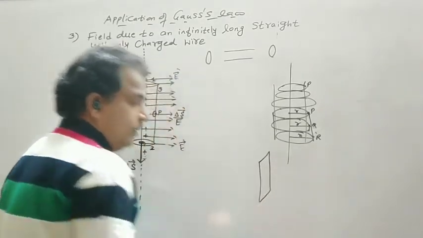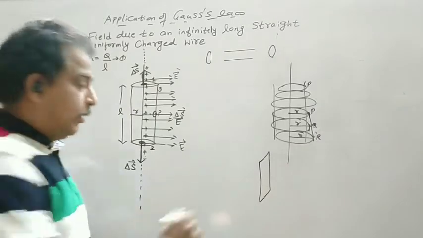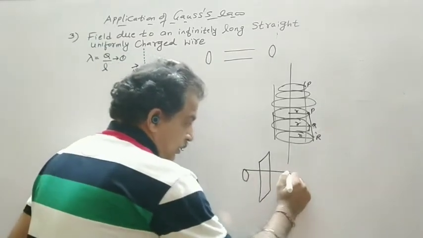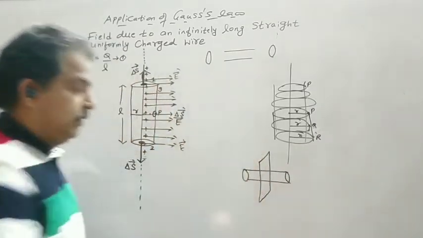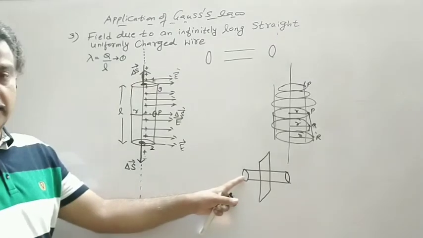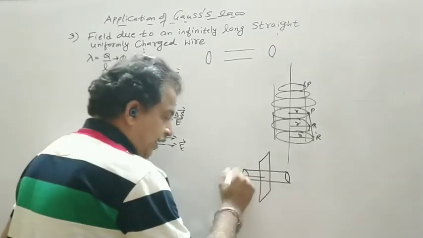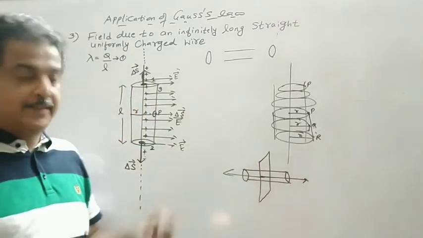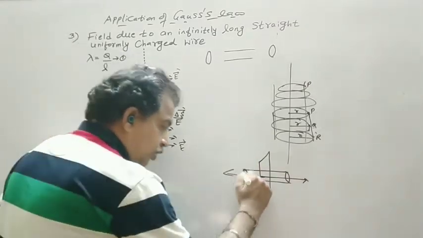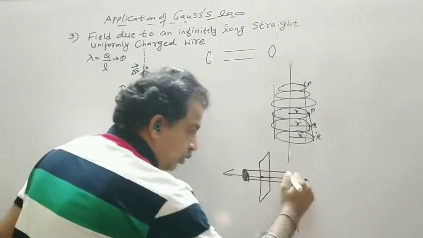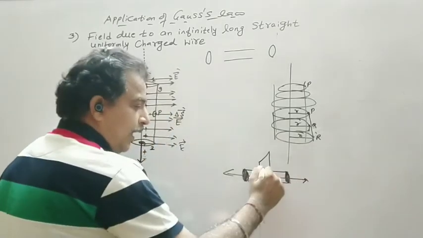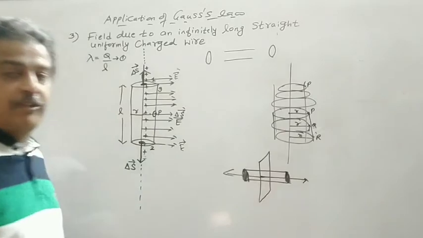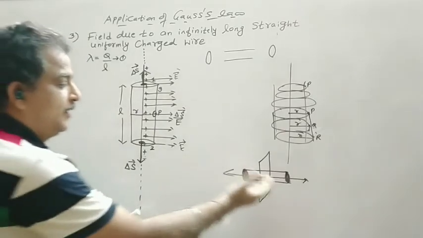We have seen the plane sheet. There also we had taken a cylindrical Gaussian surface. There the field lines were radially outward because the plate was charged on both sides, and these two portions contributed to the flux, and the contribution from the curved surface was 0. Here it is opposite.